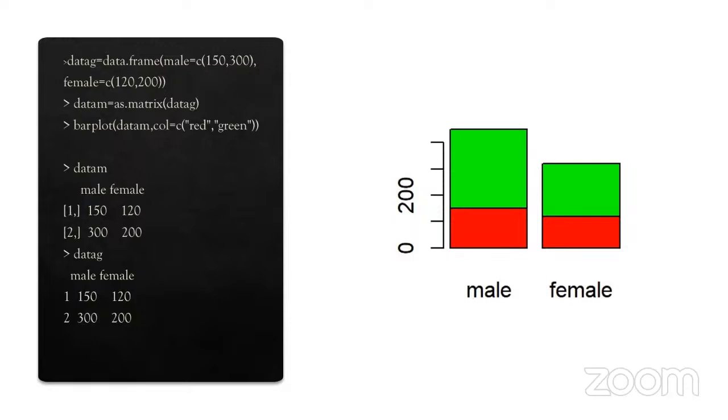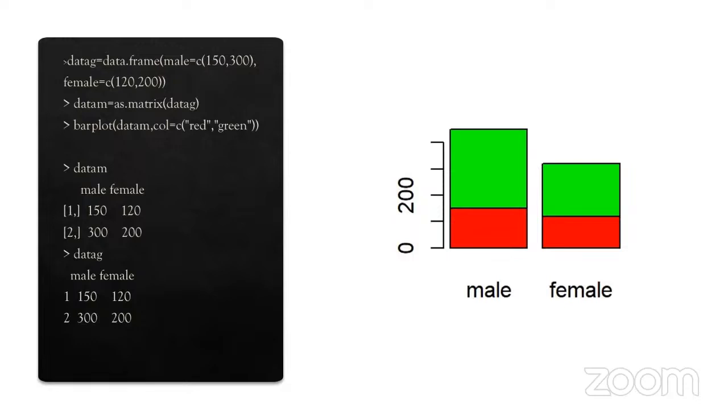So data will be considered as a matrix. And then bar plot. So datum is the matrix, and colors red and green. Finally, you get this. This is the datum as the matrix. Okay. And this is the stack bar chart.